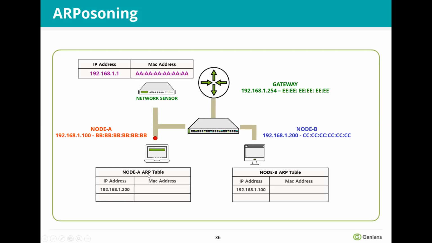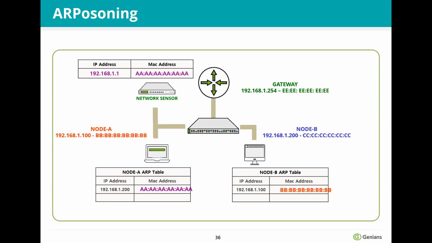If node A will be blocked, first, when node A is plugged in, its ARP table is updated: the 1.200 IP address has MAC address CC. The network sensor modulates that MAC address, so this MAC address is the network sensor's MAC address.